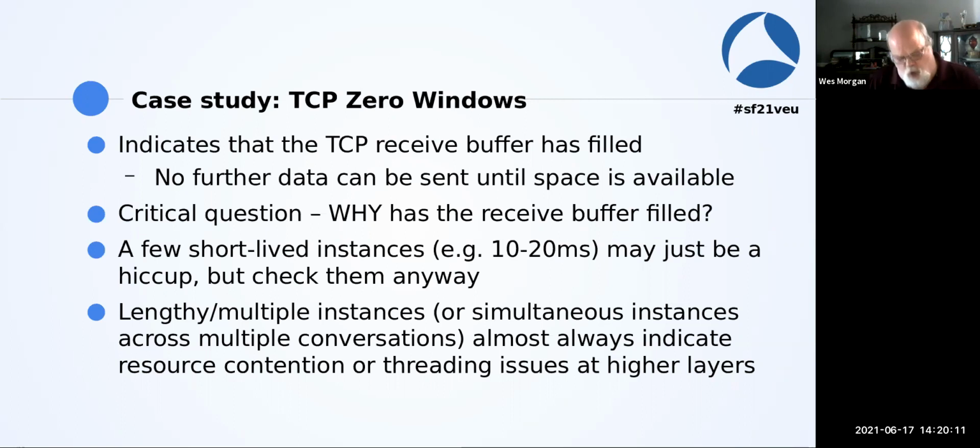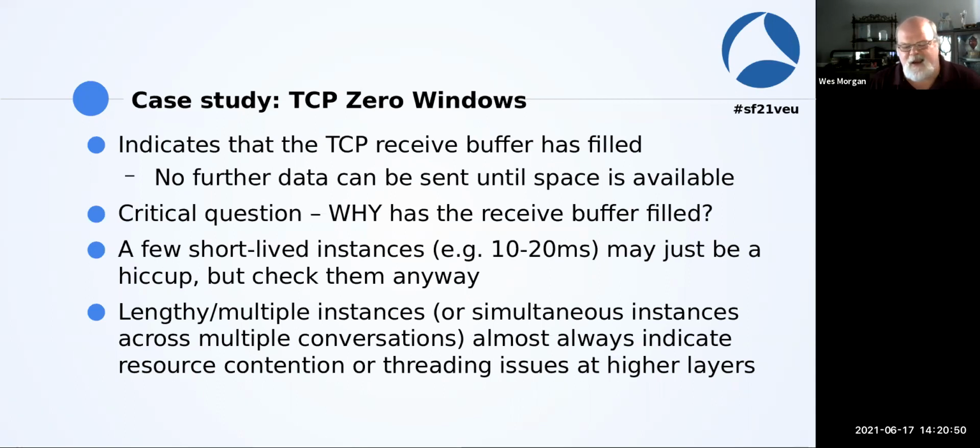Now, I'll give you a word of warning. You will sometimes see very short-lived instances of TCP Zero Windows. And when I say short-lived, I'm talking about 10 to 20 milliseconds at the most. Those may just be a hiccup. Check them anyway. I always look for TCP Zero Windows whenever an application performance issue comes my way attached to some packet data.